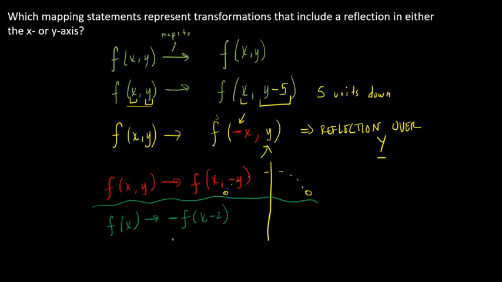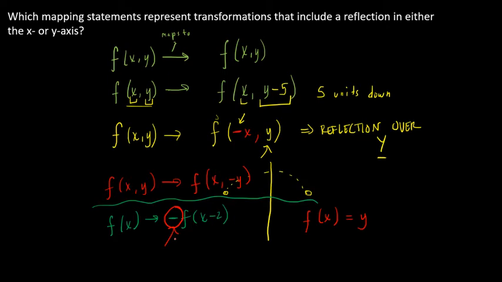And this would be a reflection over the x-axis because it's the y-coordinates that are being affected. Remember, f of x is basically y, right? So you can see that this transformation, this flip, is being applied to our y-coordinates. We have negative f of x minus 2, so this is a reflection over the x-axis.